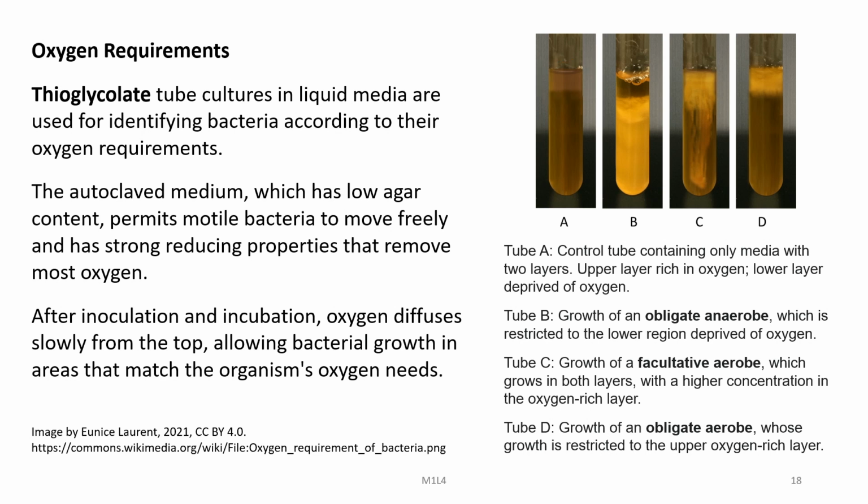Tube B shows the growth of an obligate anaerobe, which is restricted to the lower region deprived of oxygen. Tube C shows the growth of a facultative aerobe, which grows in both layers with a higher concentration in the oxygen rich layer. Tube D shows the growth of an obligate aerobe, whose growth is restricted to the upper oxygen layer.